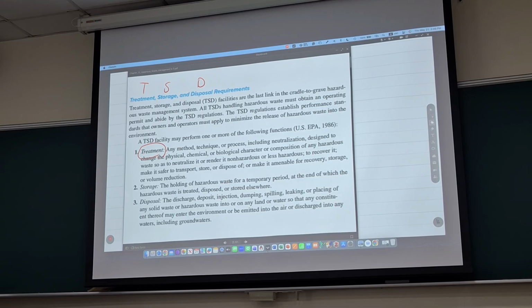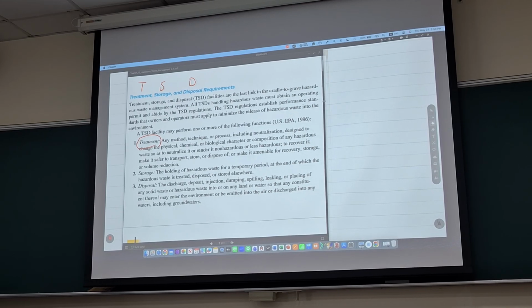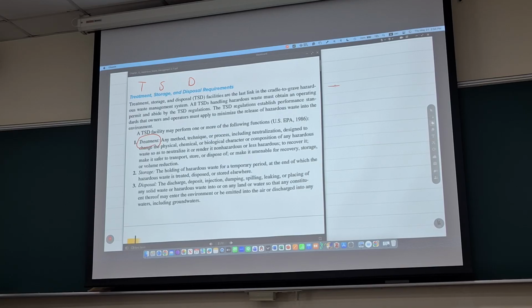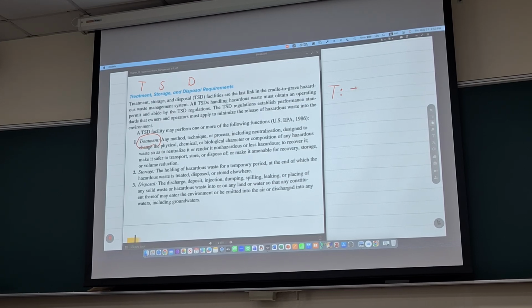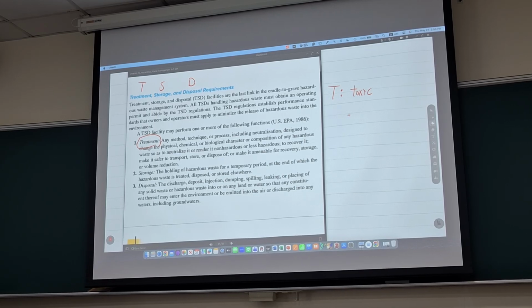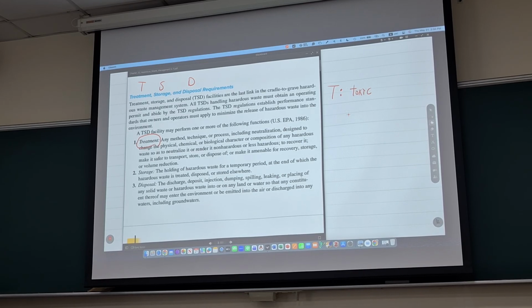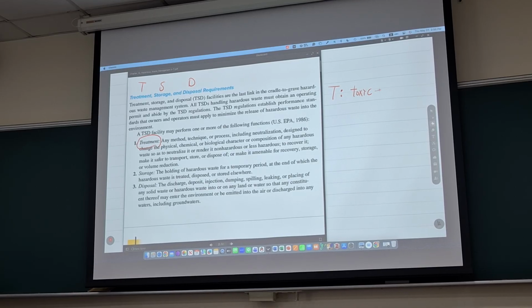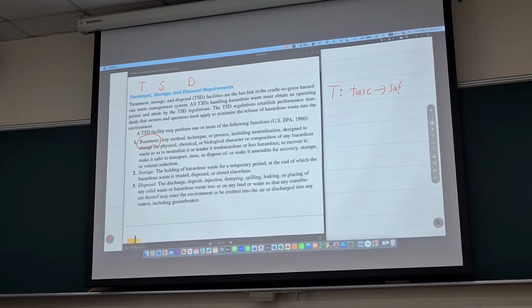Treatment means changing. So treatment means we know toxic chemical is dangerous, right? The hazard is dangerous. Let's do something, make it safer.